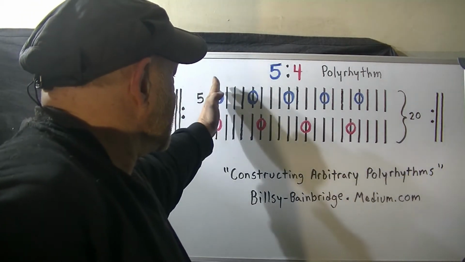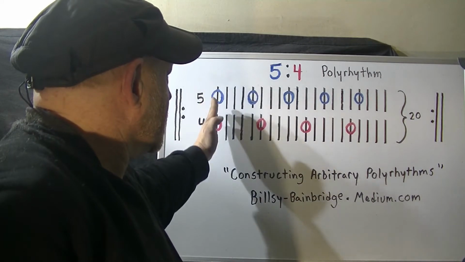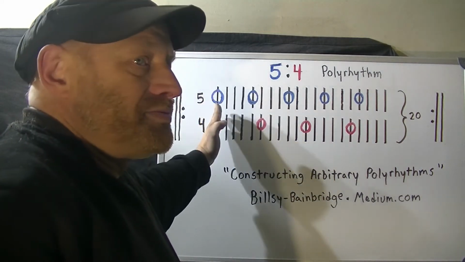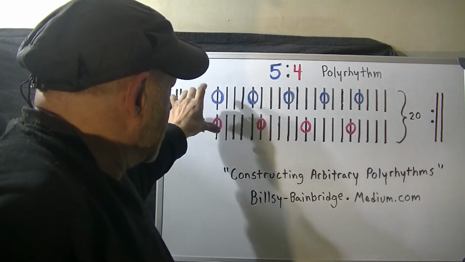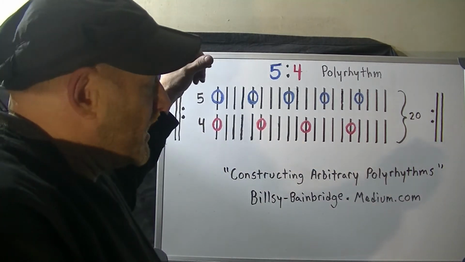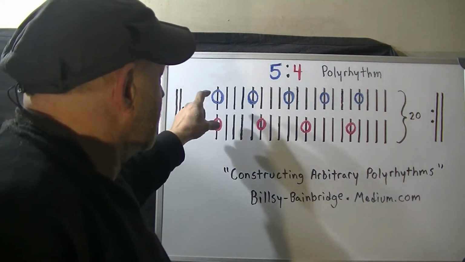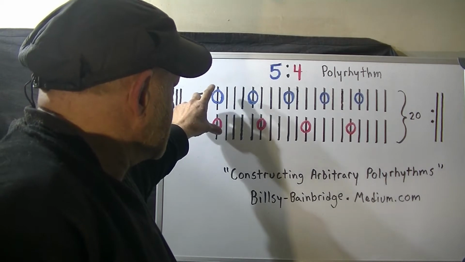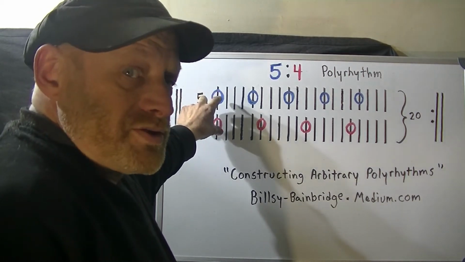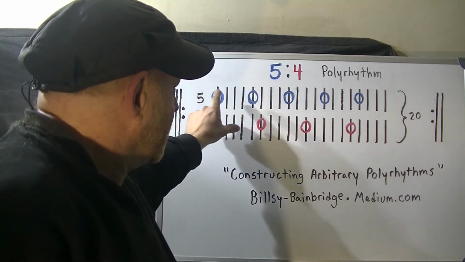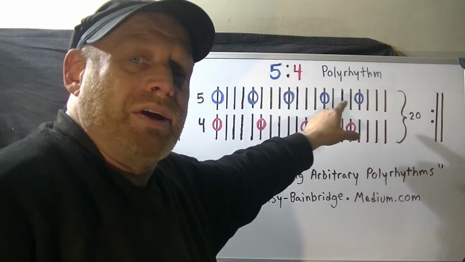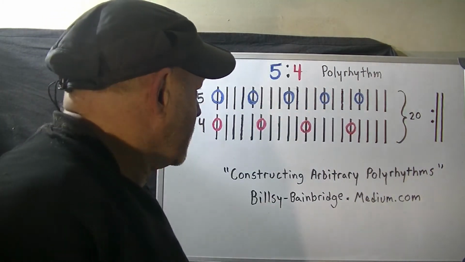One cycle starts with our first tick, and both limbs, hands, or different instruments would be striking on the O's. The O's are sounded, and the ticks are just the background time being kept.